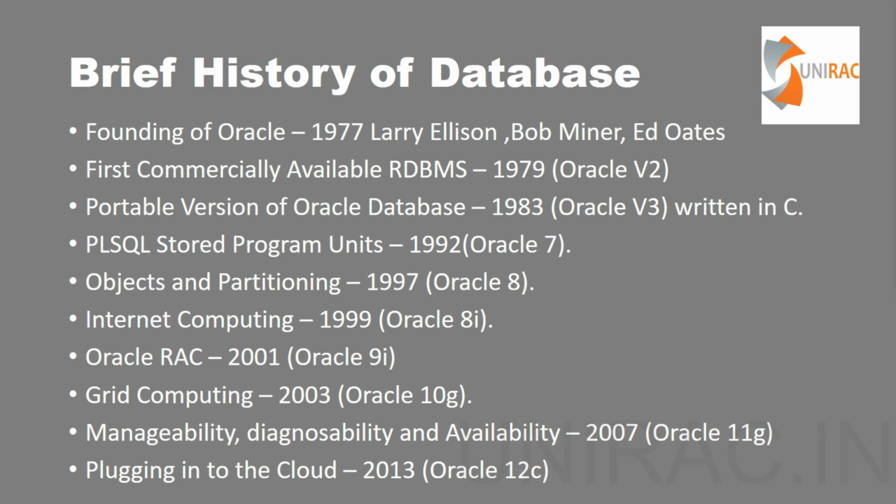This commercial software is available with SQL based systems, and a portable version was released as version 3 in 1983. That was a relational database system which runs on mainframes, minicomputers, and PCs, and this database was written in C, which can be ported to multiple platforms as well.